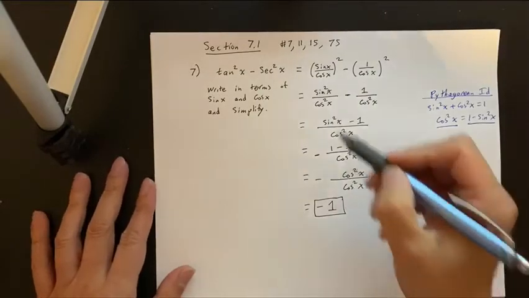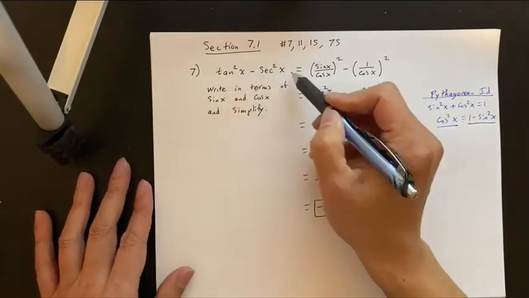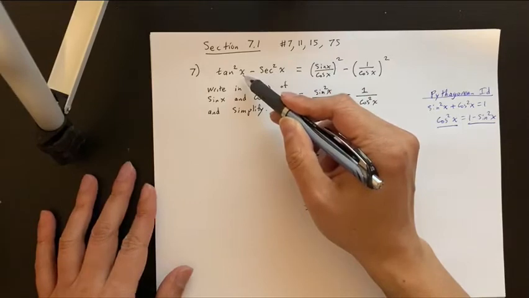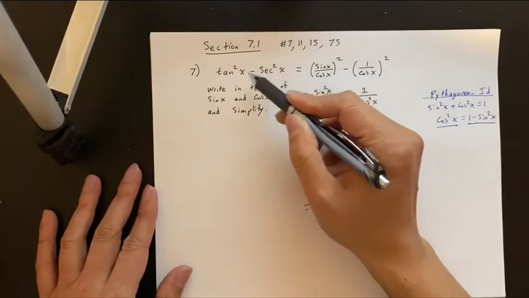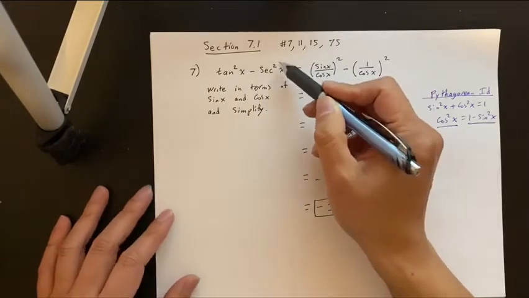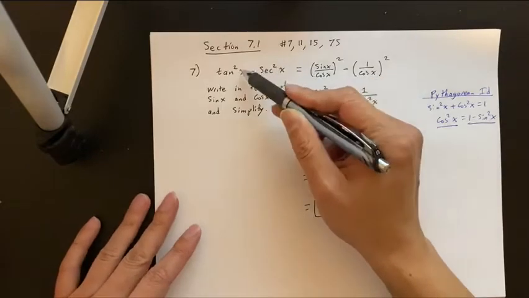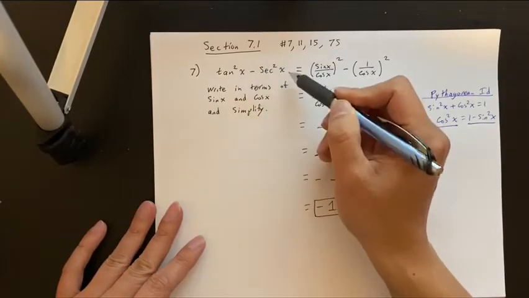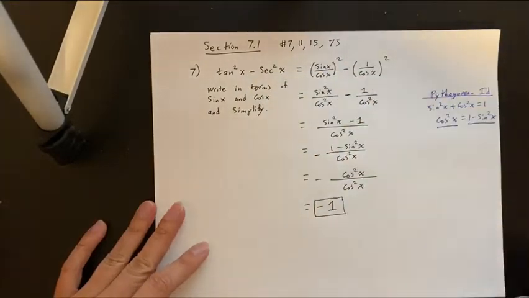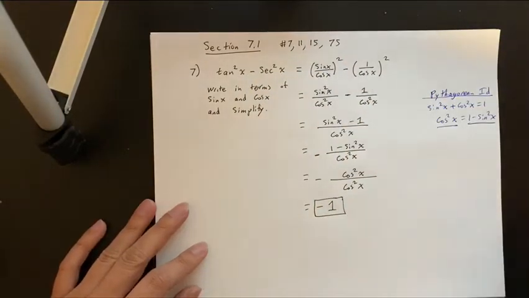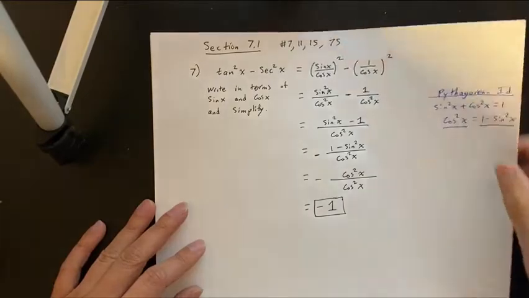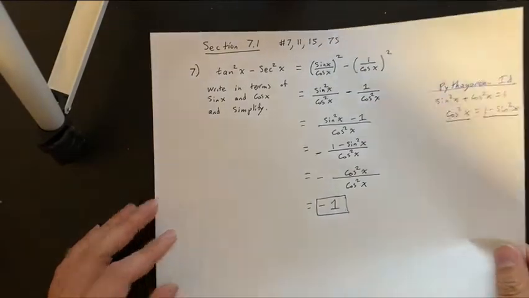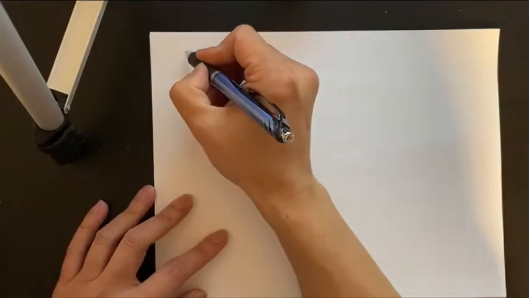And this would be true for any x. So if I were to evaluate this with x being 30 degrees, 45 degrees, 60 degrees, or you can use a radian, any angle would make this into a negative 1. Okay, so that's number 7. All right, next problem would be number 11.